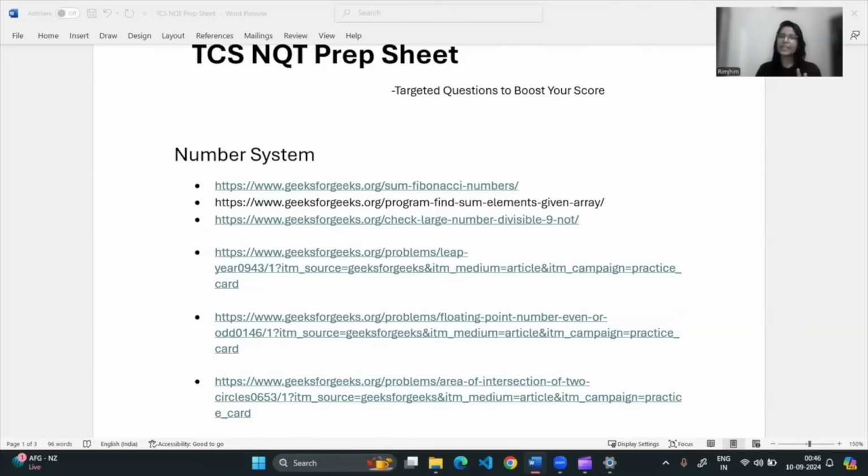This year, you might encounter a similar question with a little twist, like setting elements in the upper matrix to 0, or a question like: given an m cross n matrix, if an element is 0, set its entire row or entire column to 0, or similar types of questions.